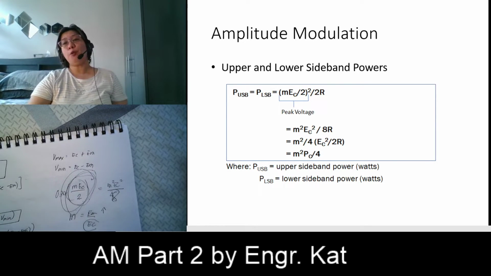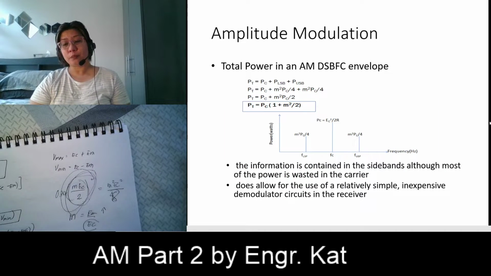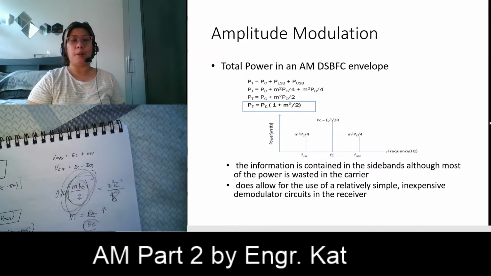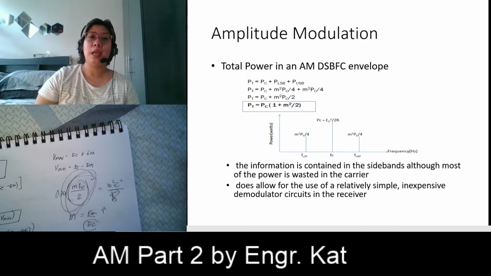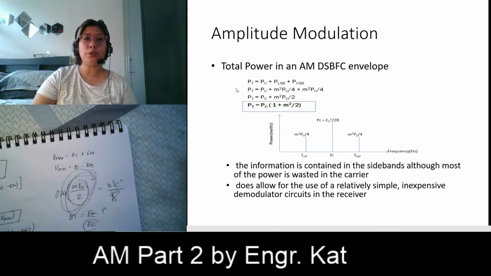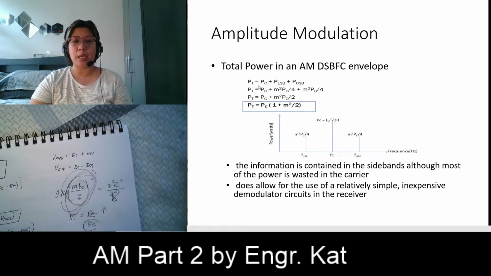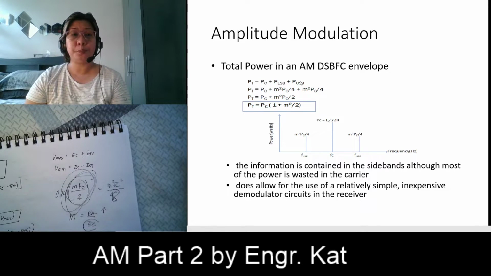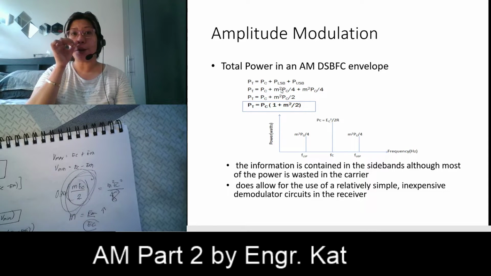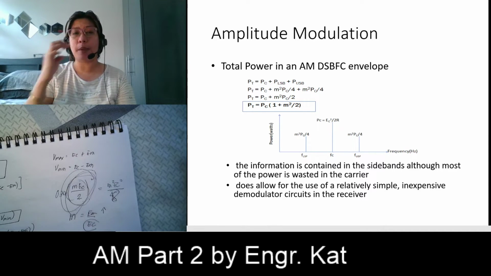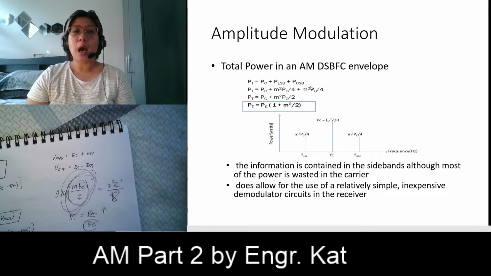Okay? So if we wanted to get the total power in an AM double sideband full carrier envelope, we just add the 3. So what are those things that we are adding? We just add the total transmitted power, that is your PT, that is equivalent to Pc, or the power at the carrier, plus the power at the lower sideband, plus the power at the upper sideband.